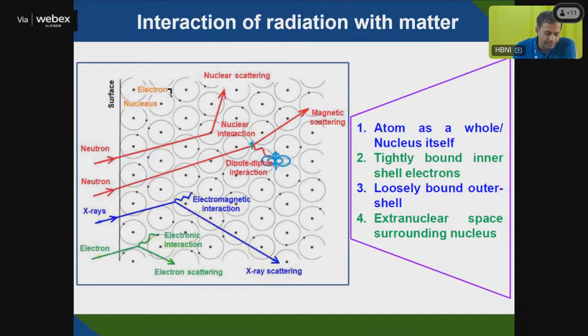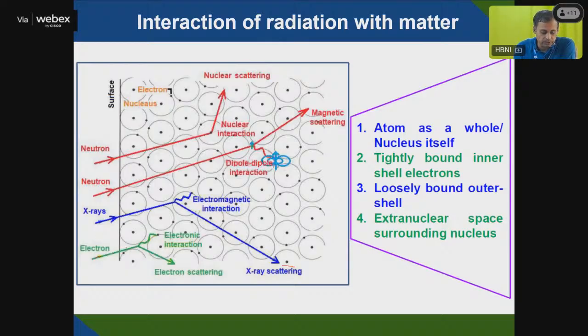Whether it's a neutron, X-ray or electron, there are two ways of interaction: electronic interaction and electron scattering. For X-rays, being an electromagnetic wave, there will be electromagnetic interaction as well as X-ray scattering, because these are atoms in lattice positions.